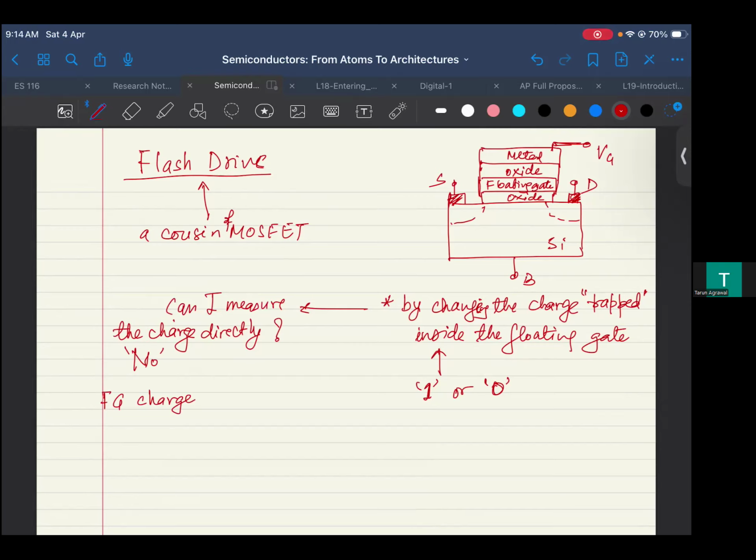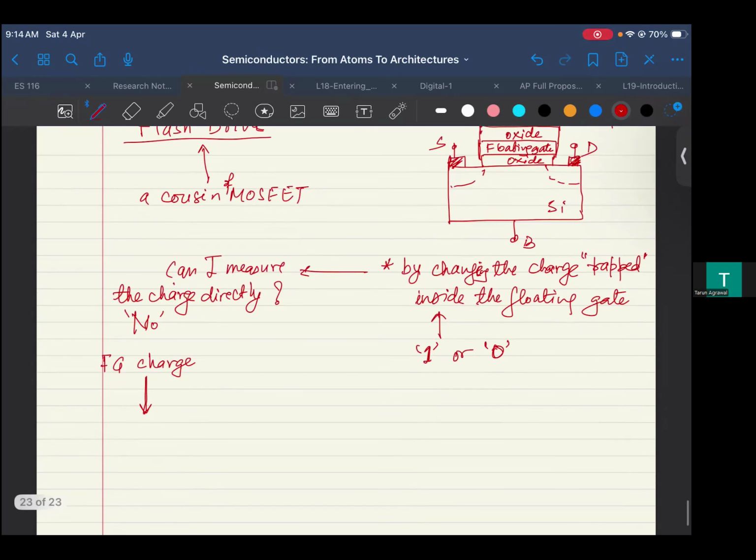It turns out that this is the property we have also talked about in one of the videos: threshold voltage. What is the significance of threshold voltage? If you have more charge or less charge, your threshold voltage would change.